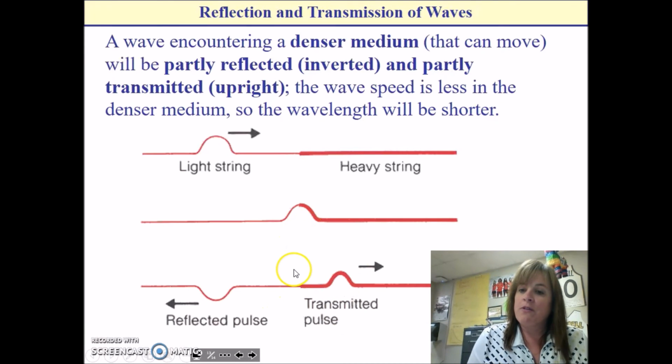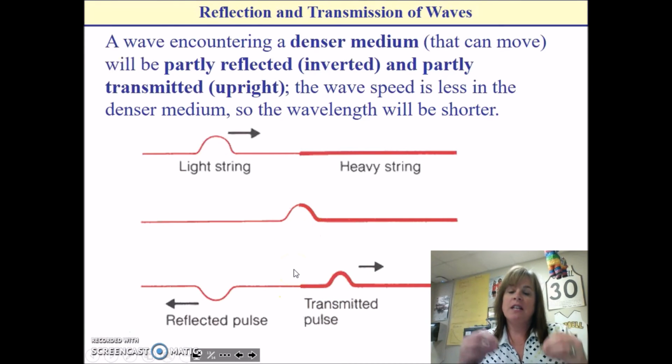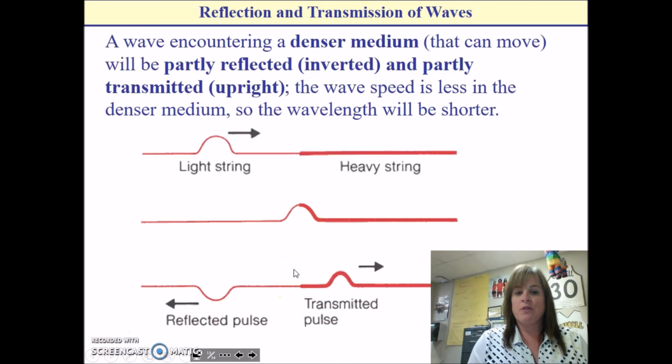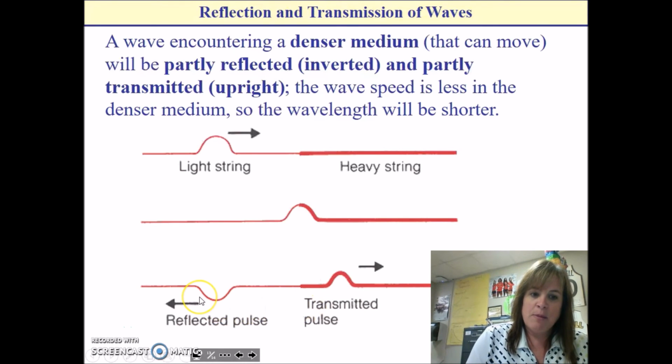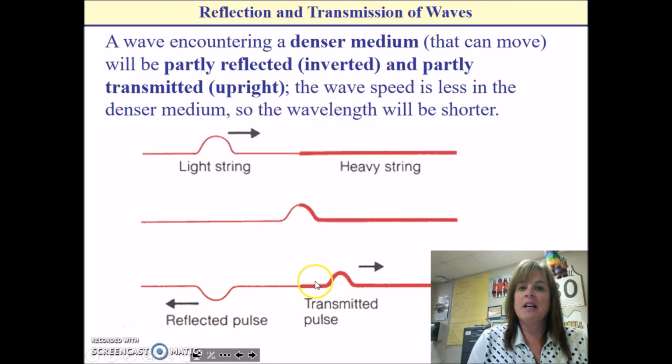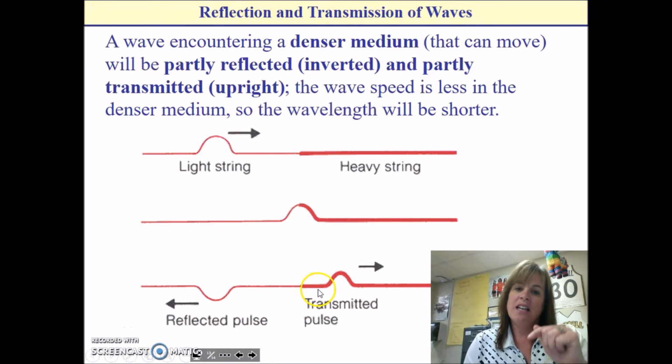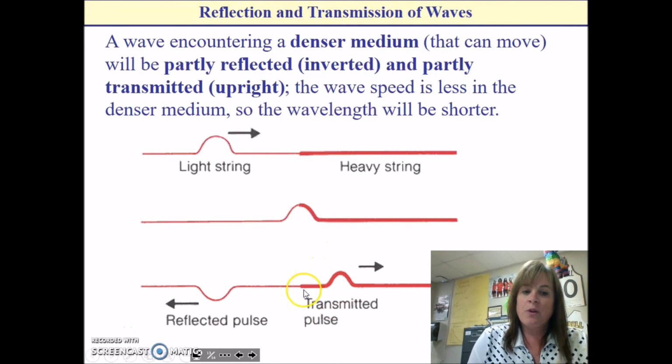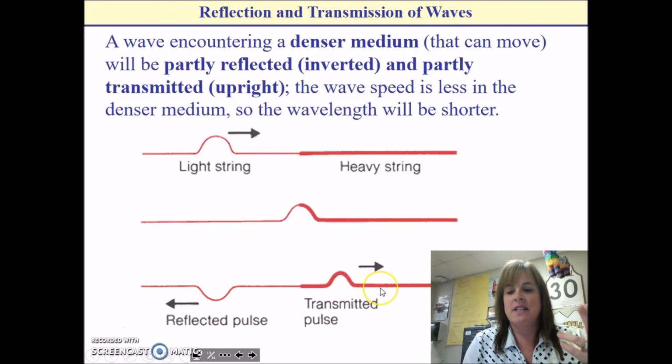But some of it is going to reflect. Anytime I hit a medium of different density, some of the wave gets reflected. So here is my reflected pulse, and notice because it's more dense here in this string, the reflected pulse is inverted. The transmitted pulse, though, always stays upright, always stays in the same orientation.